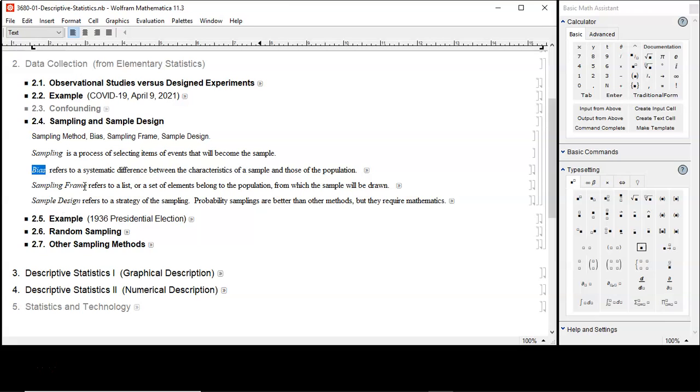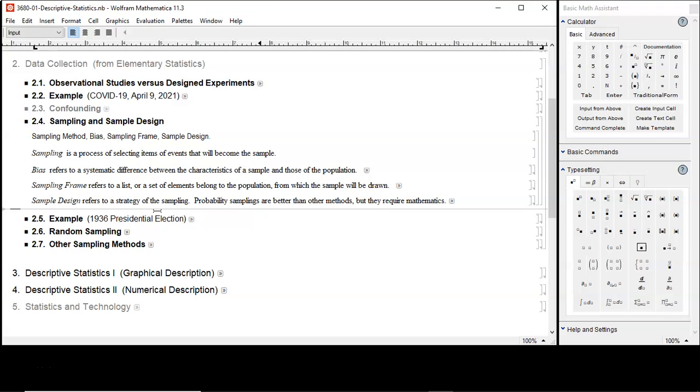Bear with me. A sampling frame refers to a list from which we can select a sample. It will be ideal if we have a list of everybody in the population, but that's very much impractical. Think about this. You want to get some presidential poll election result, but by the time you get the list of everybody, all the registered voters, election must be over by then.